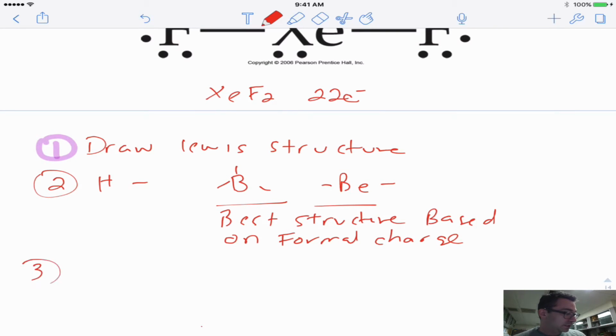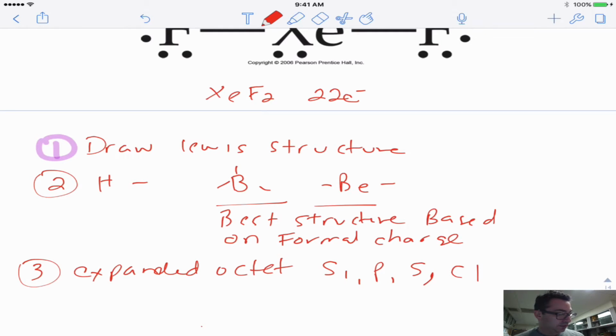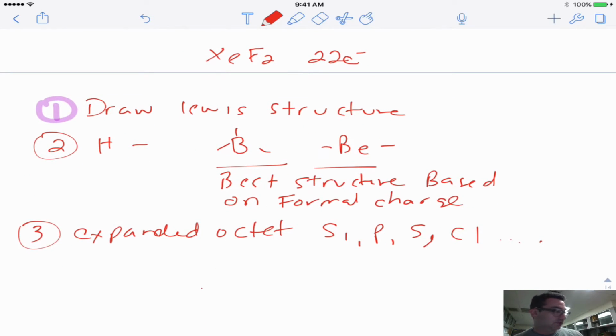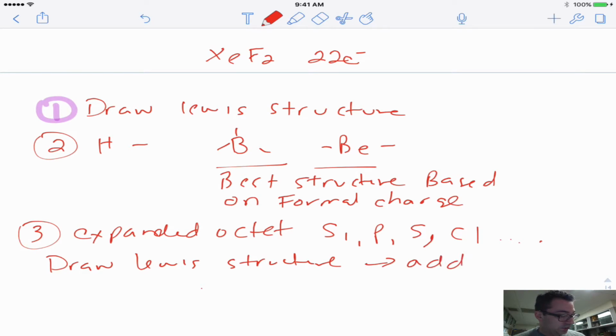Then you have the ones that can have an expanded octet. So an expanded octet, those are elements that are silicon, phosphorus, sulfur, chlorine, and so on. We can have a lot of them. And there's two things with this. First of all, you draw the Lewis structure, and then if you need to, you add extra electrons to the central atom.